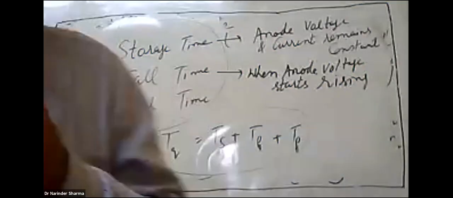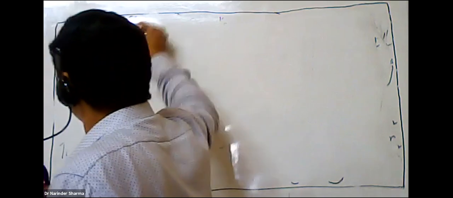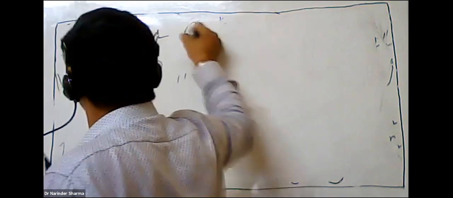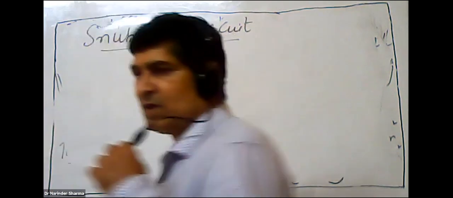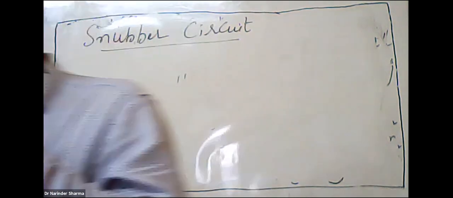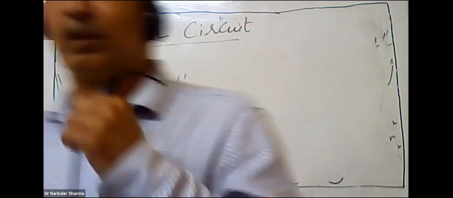Next is a snubber circuit. Snubber circuits are placed across semiconductor devices for protection.